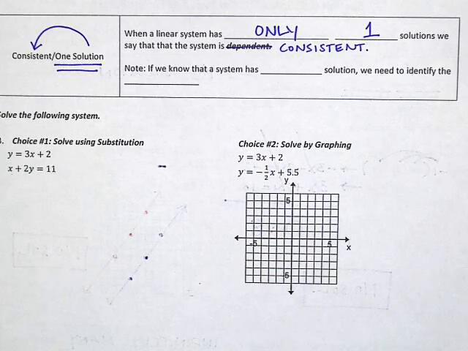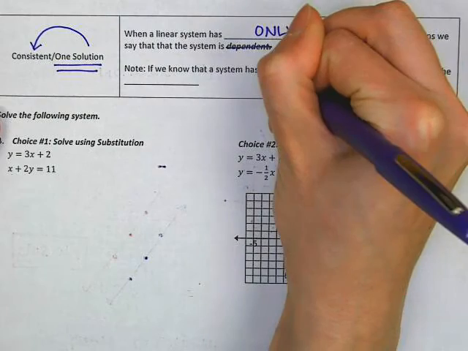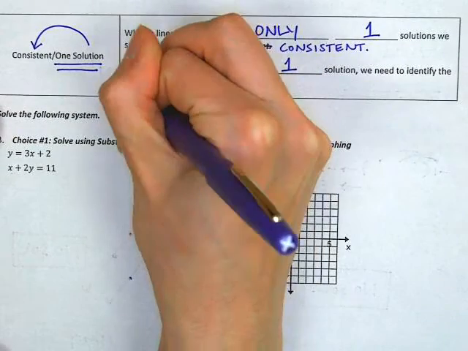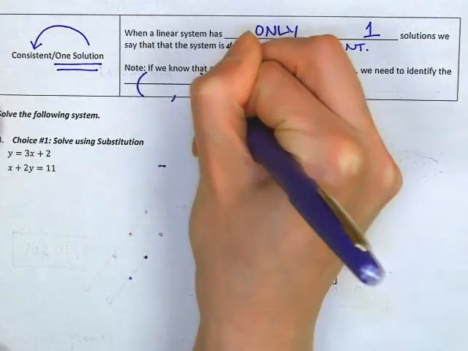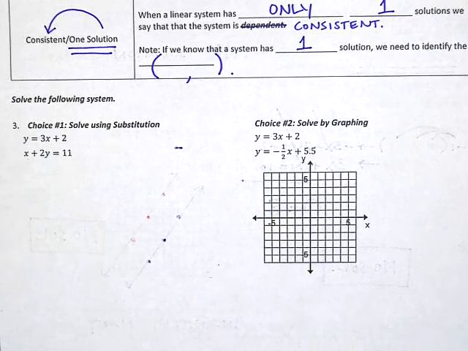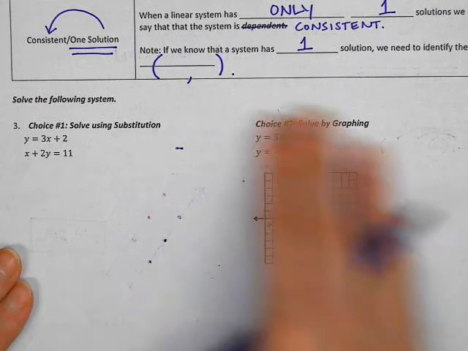And this is what was on the summative. If we know a system has one solution, we need to identify the ordered pair. Okay, so these are ones where you're actually going to get an answer. So we don't need to review this because we've done this already.